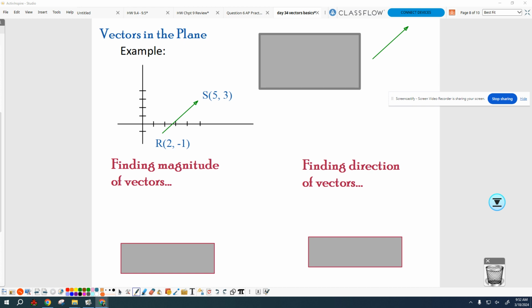What's S represent? It's just a coordinate, just a point. Which ones are starting?